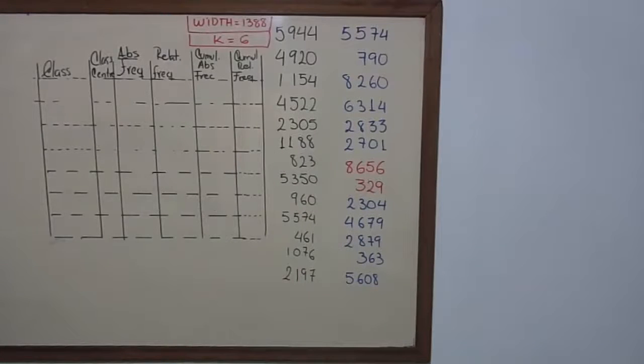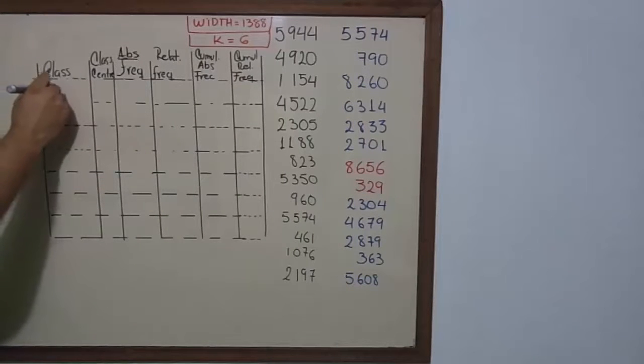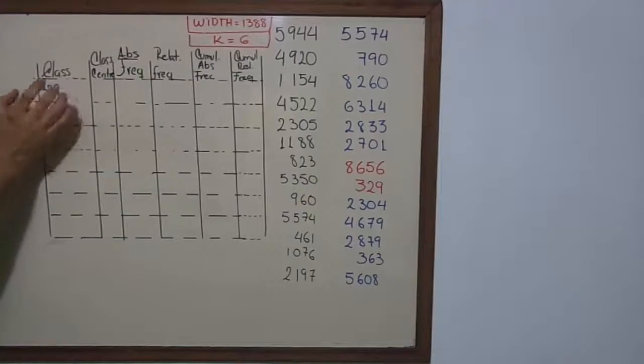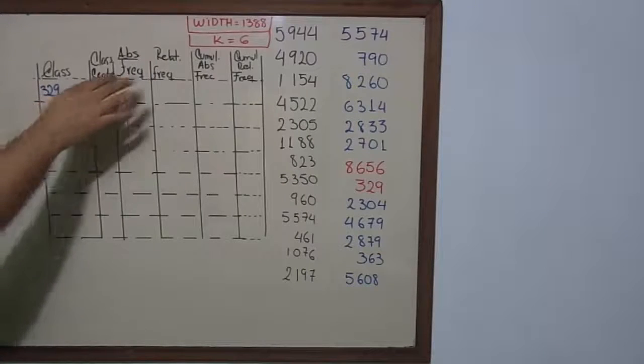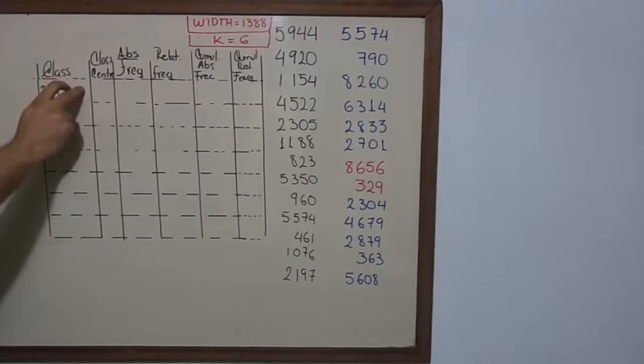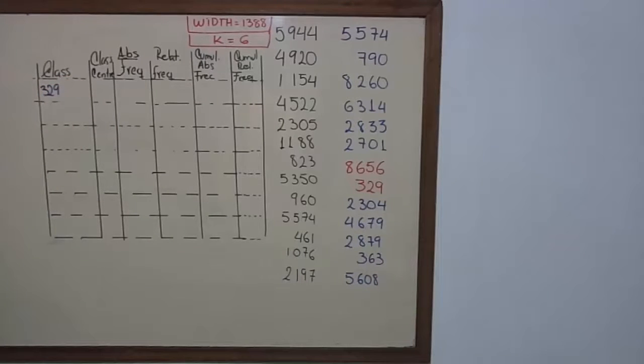Now we need to fill this up. So we start with the smallest number, 329. And remember that the width of the class or the interval is 1,388. So that means that the upper level of this range is going to be 329 plus 1,388, 1,717.